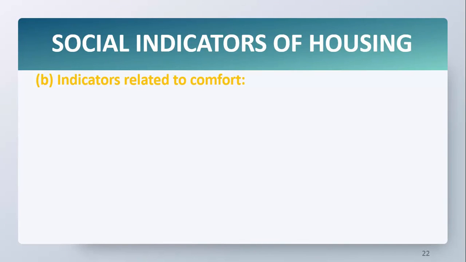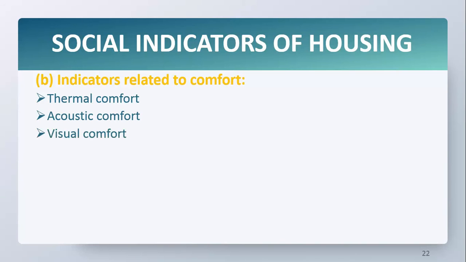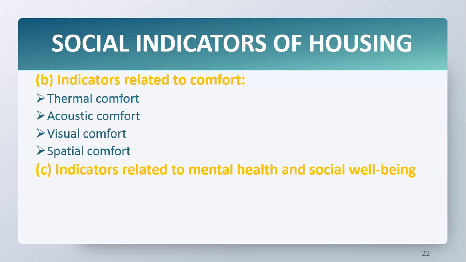Second are the social indicators related to comfort. These include thermal comfort, acoustic comfort, visual comfort, and spatial comfort. Third and last are the social indicators related to mental health and social well-being.